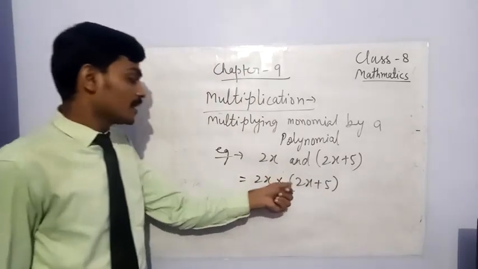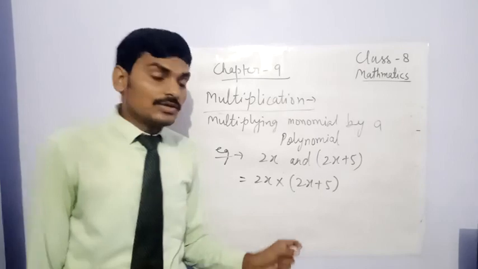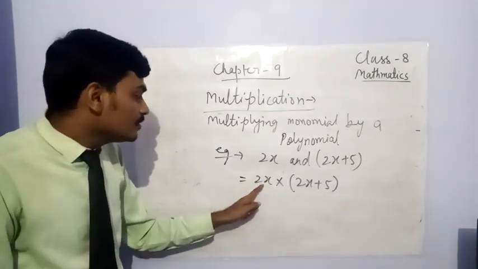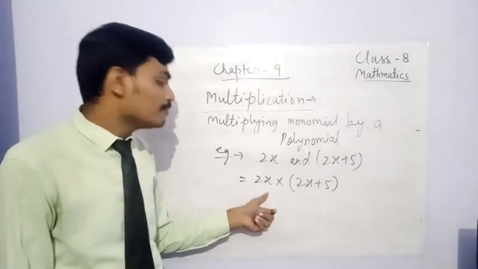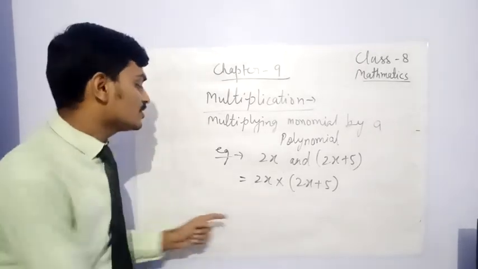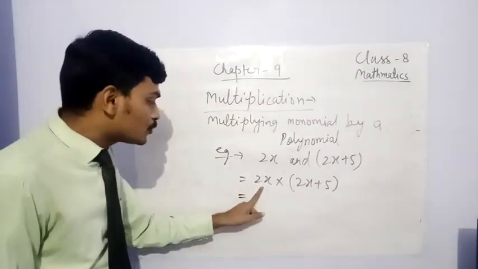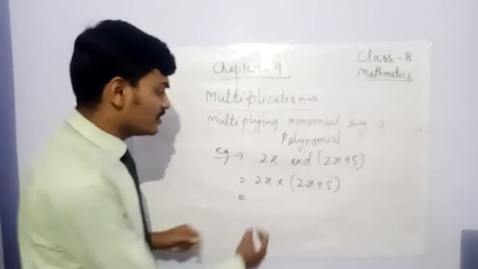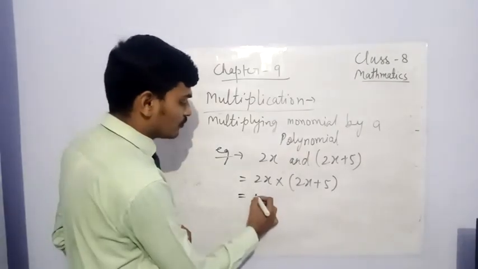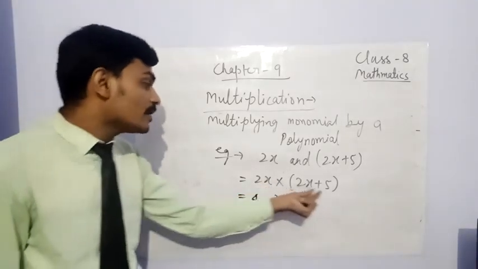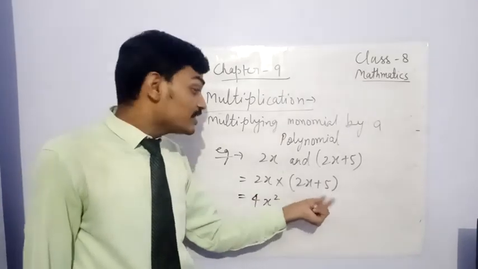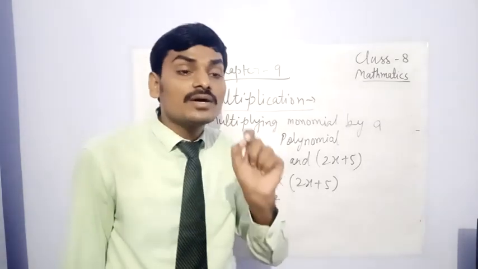In this case, you should multiply both the terms of the polynomial by the monomial. For example, you have to multiply 2x into 2x. That is 2 2s are 4, x into x, x square. Now multiply the 2x by 5 also. With sign, you have to remember the sign.